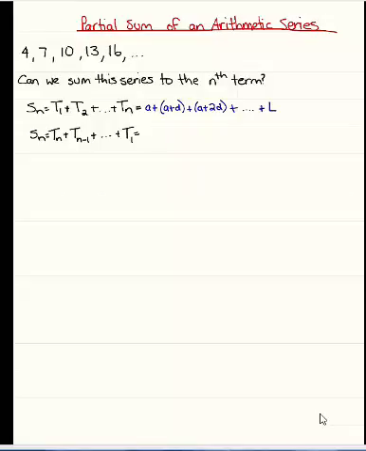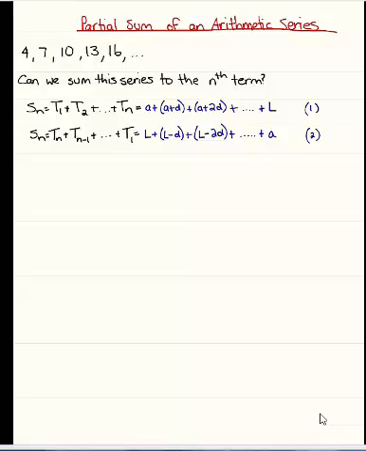So when you do it that way, what you have is the last term plus the last term minus the common difference. And then the next term is the last term minus 2 of the common differences. And we continue on that pattern until we get all the way back to the first term again, which we call A. All right, so I'm calling this equation 1 and this equation 2.